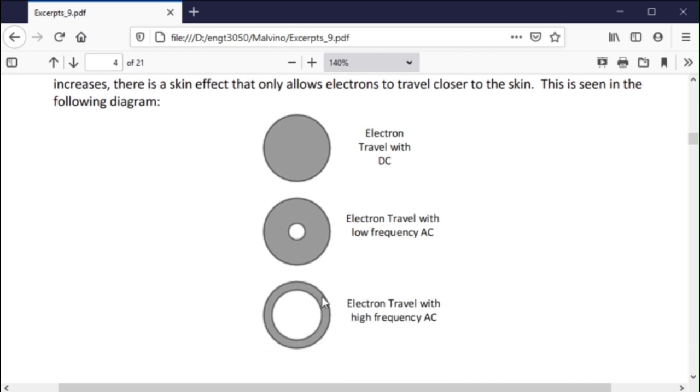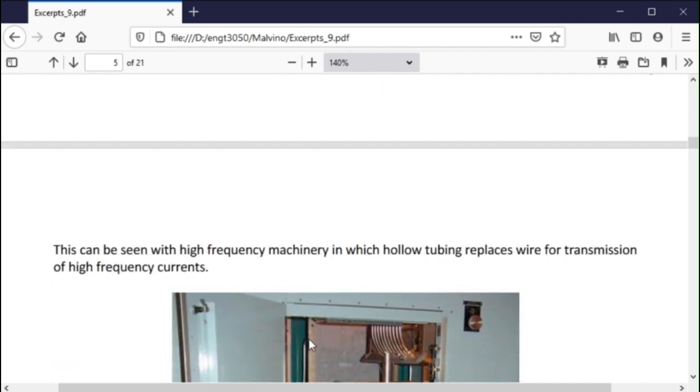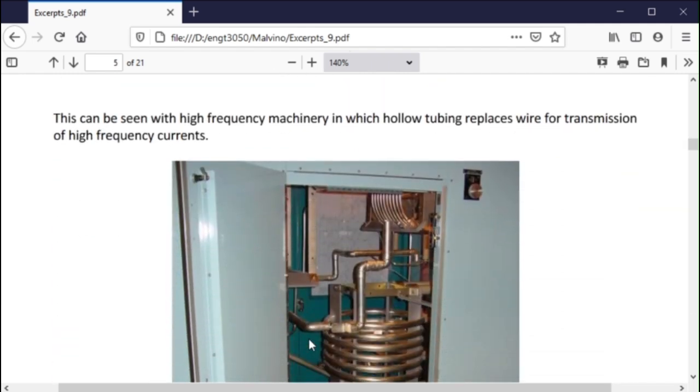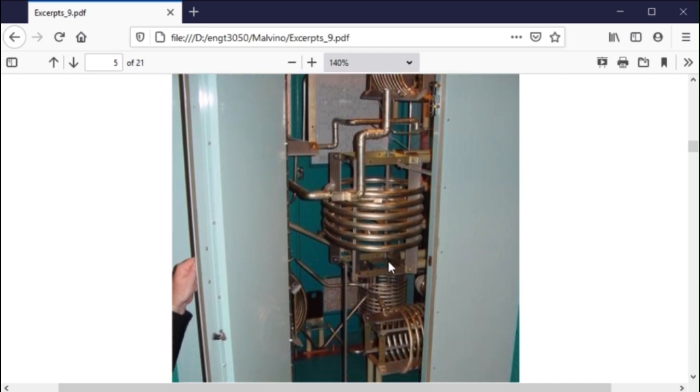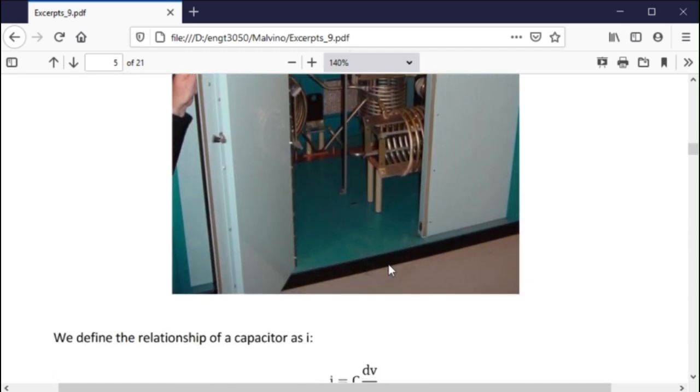But at much higher frequencies, the current all travels on the skin or right on the edge. And that's why when you see a high frequency device, you will see hollow metal tubing to carry the current. So all the current at high frequency goes down the skin, and you really don't need to provide a solid copper wire. Just provide a tube, and that's all you need.